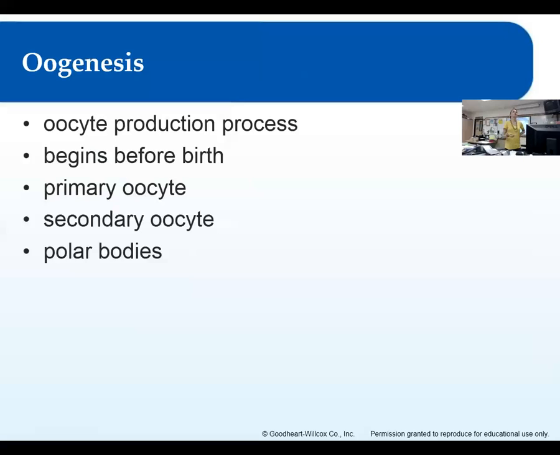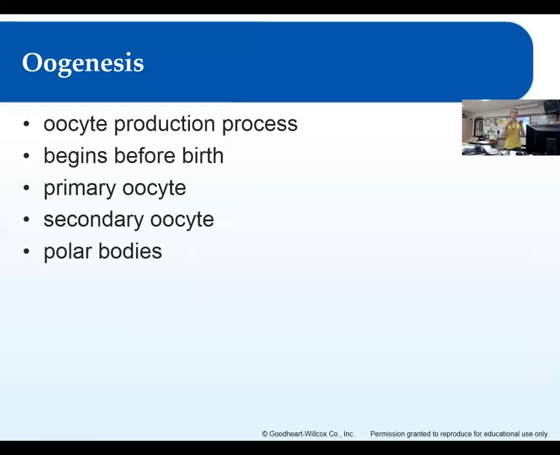Once puberty begins, they start undergoing that next meiotic division, and that occurs whenever they start having ovulation. A secondary oocyte is what actually gets moved from the ovary into the female reproductive duct system, if you will.